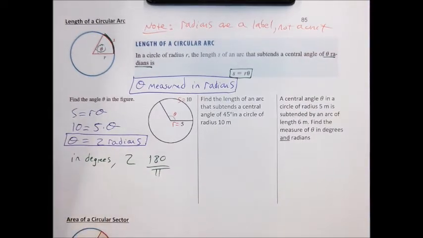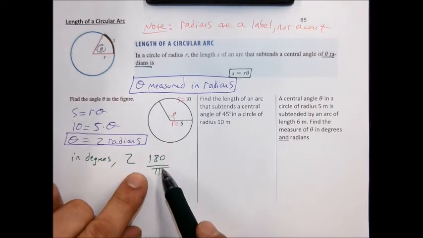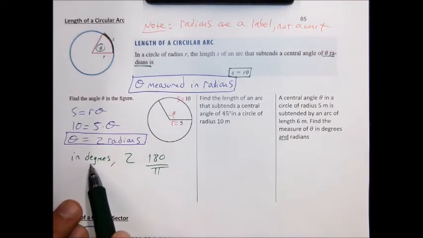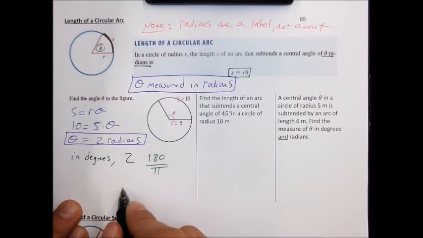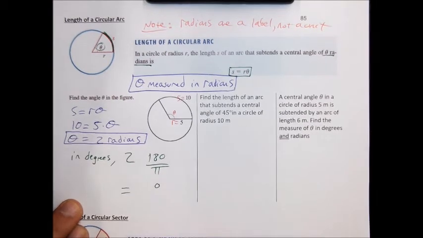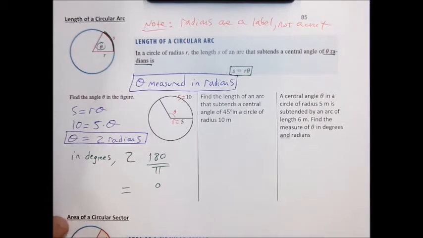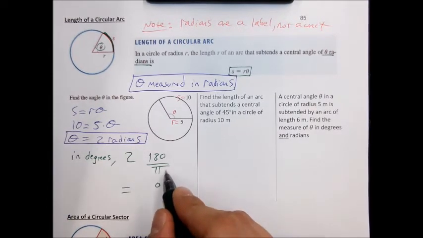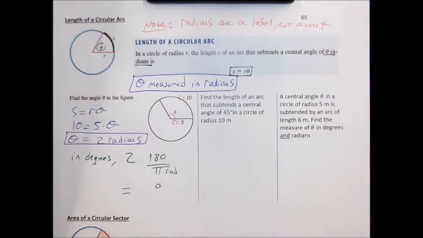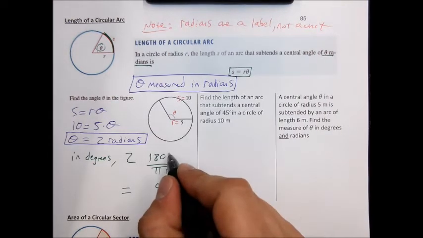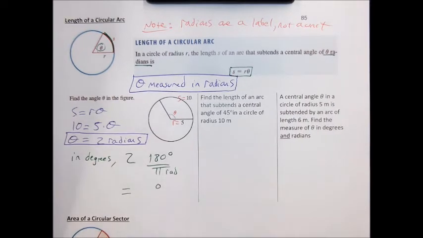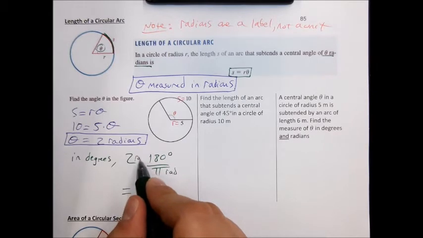I've said this before, and I've said it in the video at least, but let me say it now that I'm in front of you: how you can remember 180 over pi. If we want this to be in degrees, we eventually want this to equal something degrees, right? This is the degree sign. The way you can think about that is pi comes with the label radians, 180 comes with the label degrees, and 2 already has the label radians.